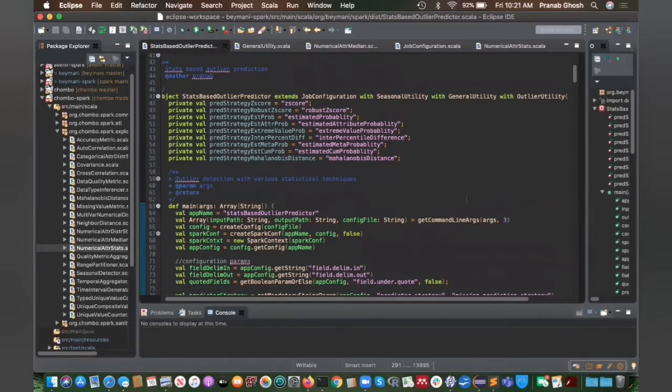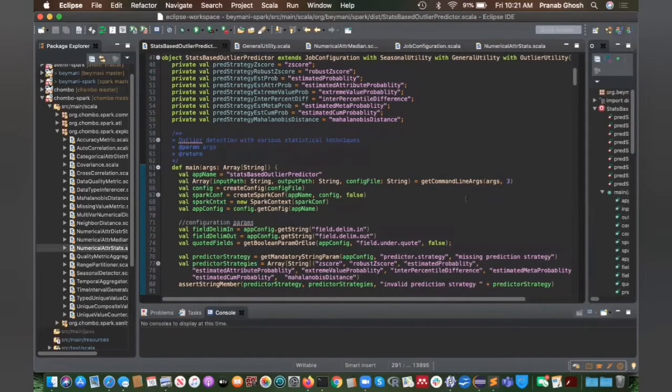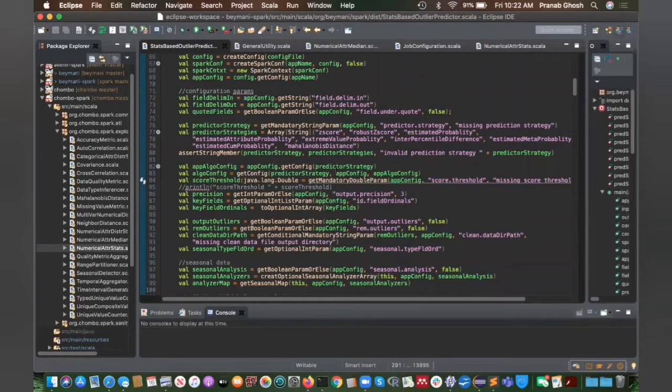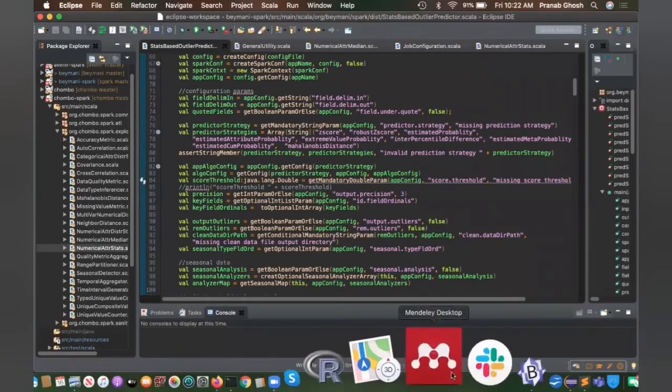Given a configuration name and a file, it'll pull all the configuration data out. You'll see in the beginning of the Spark job, it's reading all kinds of configurations. Get config, for example, get mandatory string parameters. That means it's going to find a configuration parameter with this name, and it's mandatory. So if it's not found, it'll throw an exception. Anyway, let me go back.